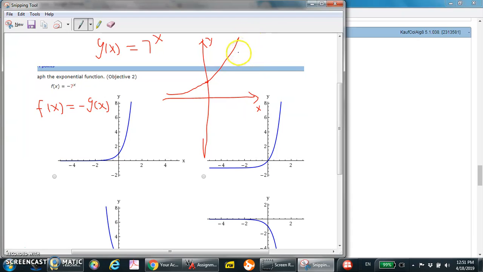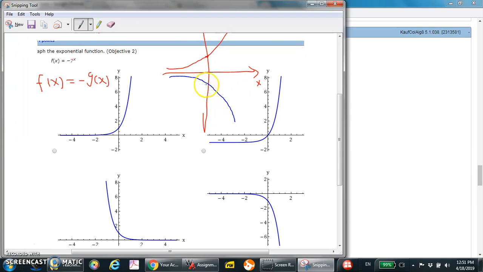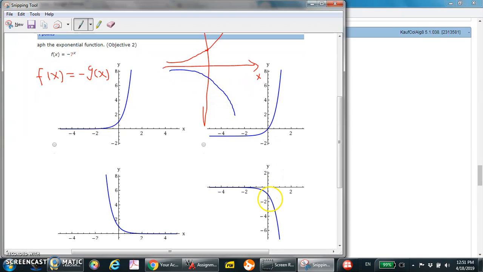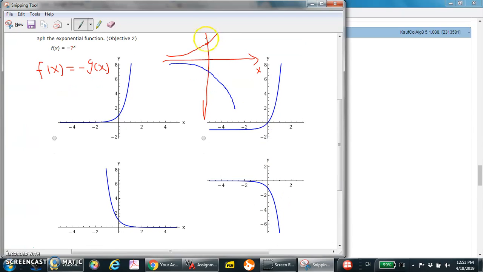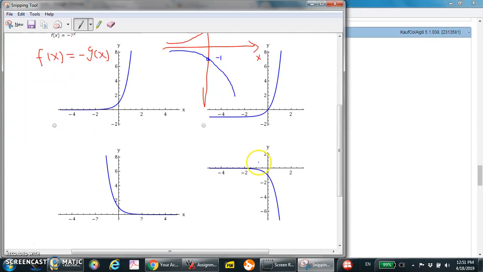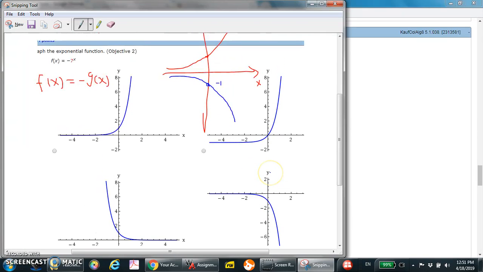So we're going to turn the graph of g(x) over the x-axis. So we will get something like this. And if we compare this with the given options, you will see the answer will be D. So this point now becomes negative 1. Okay, the point becomes negative 1.